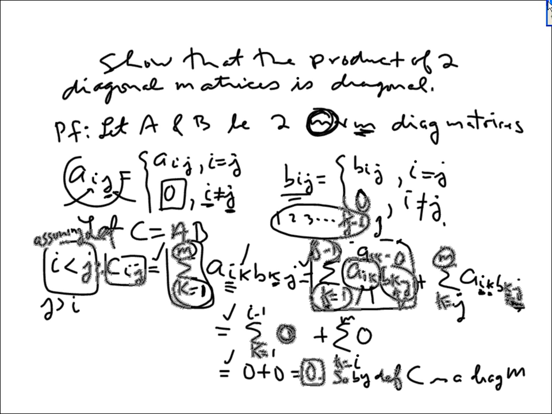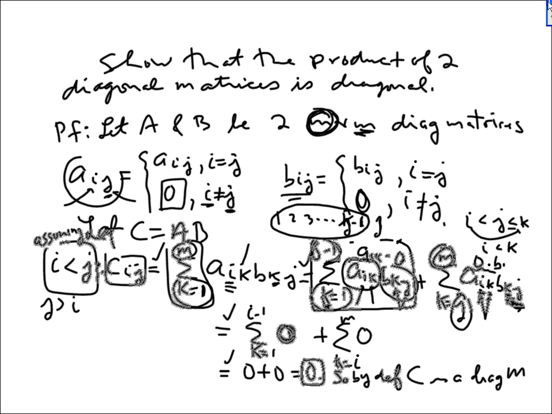Okay, now let's come to the other one. We know that i is less than j. But j is less than or equal to k, because k can be j all the way up to m. In particular, i is less than k. Well, if i is less than k, then those two can never be the same. And if the subscripts are not the same, you get 0.